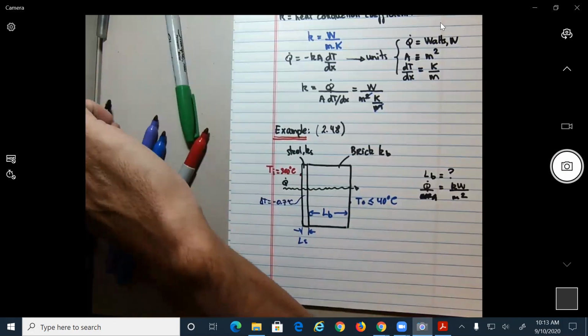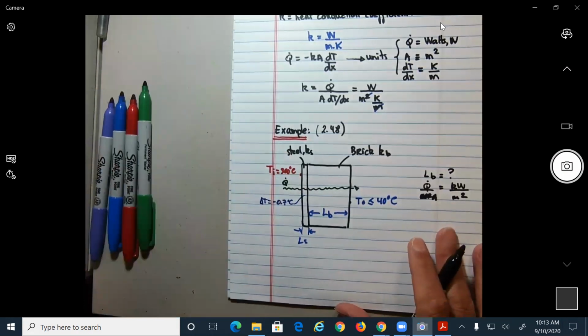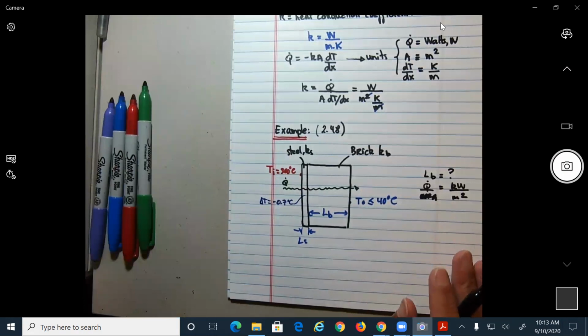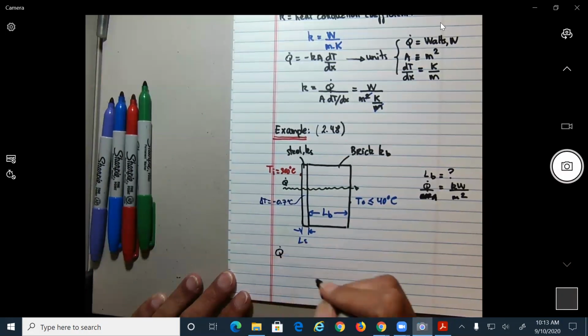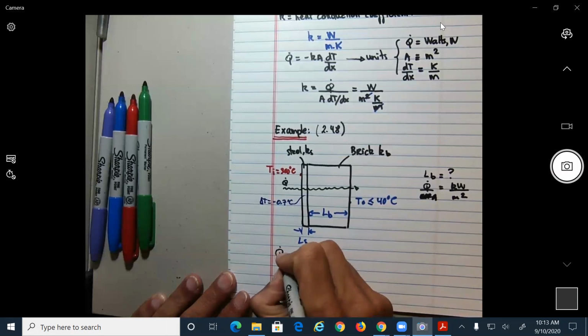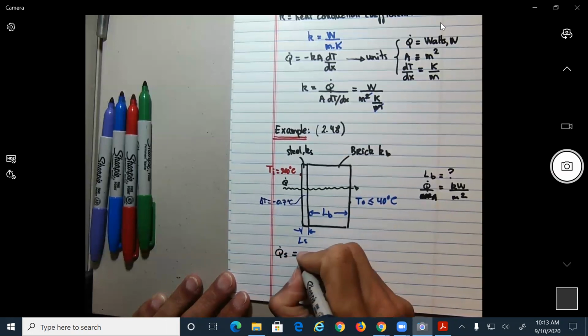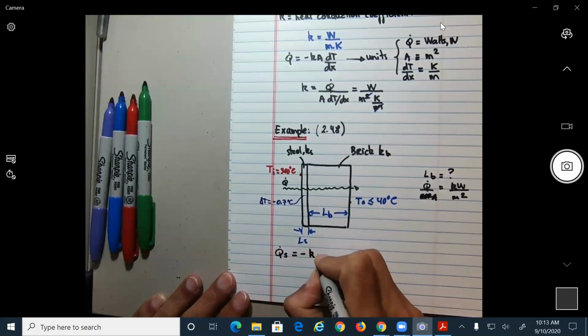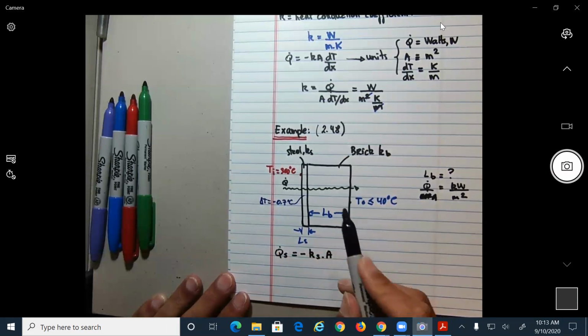All right. So here we know that the main heat transfer mode will be conduction. So what can we write? Let's say Q dot going through the steel will be equal to minus K of the steel times A, which is the exposed surface area, that in this case is the same for the steel and the brick.